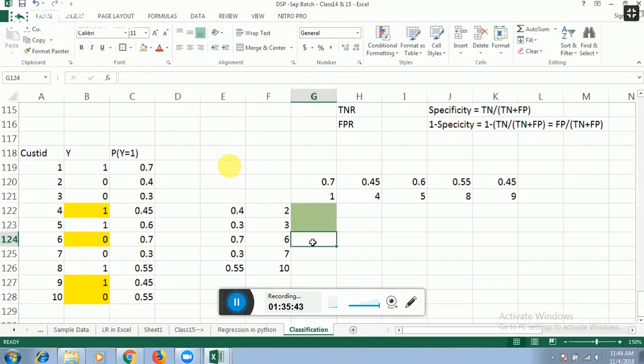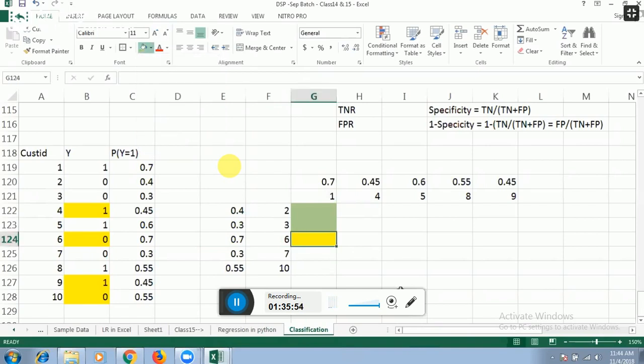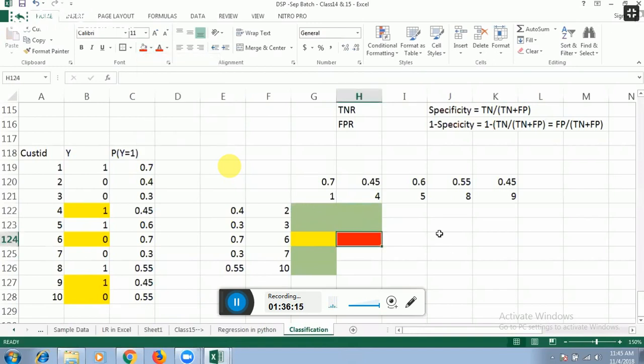But here, which one is high, you don't know. It's a tie, because this is also 0.7 and this is also 0.7. With ties, I cannot really comment on anything. And again, these two are lower than 0.7. And what about these? 0.45 is higher than this one and this one, but is it higher than this one? No, right? A reverse has happened: zeros have higher probability and ones have a lower probability.